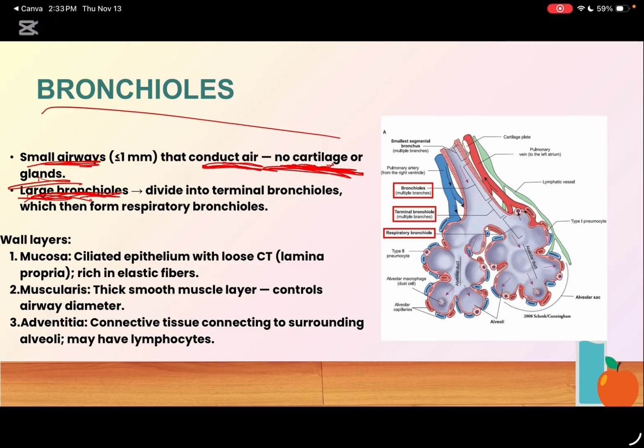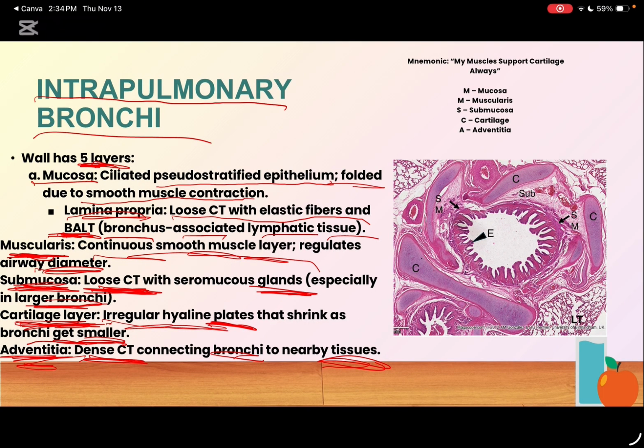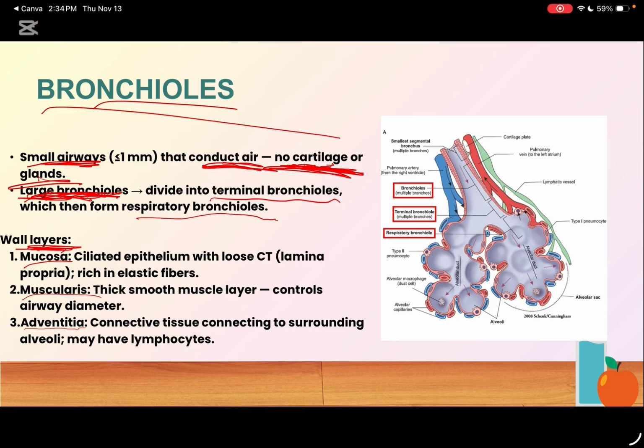Large bronchioles divide into terminal bronchioles, which then form respiratory bronchioles. The layers of the bronchioles: we have mucosa, muscularis, and adventitia. As we said, the intrapulmonary bronchus has 5 layers, unlike the bronchioles, which have 3 layers.